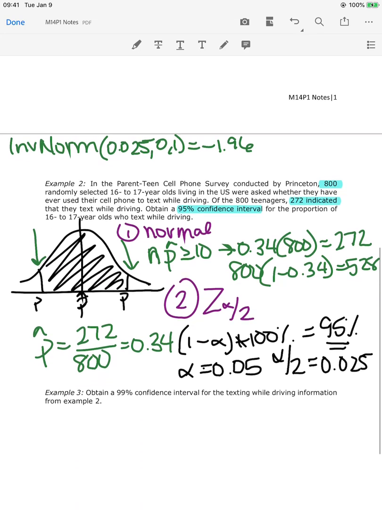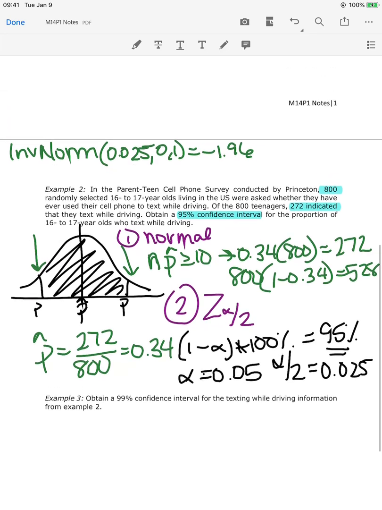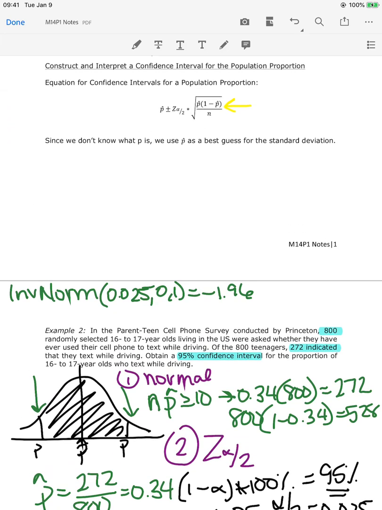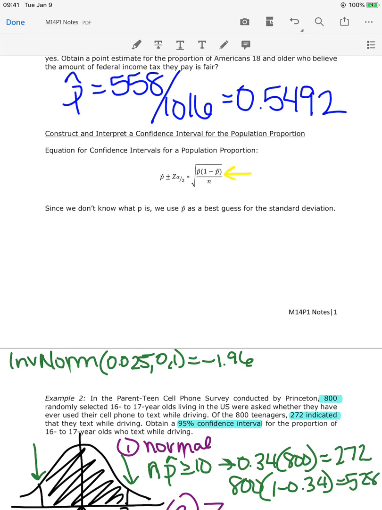So now I'm going to use the pieces of information I just found. I'm going to plug them into this equation up here, and that's going to give me my confidence interval.